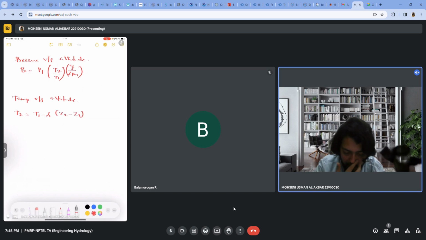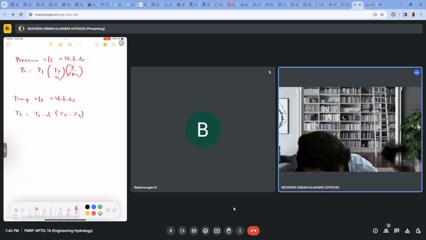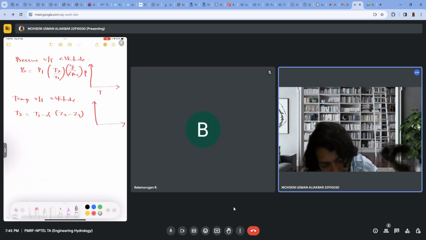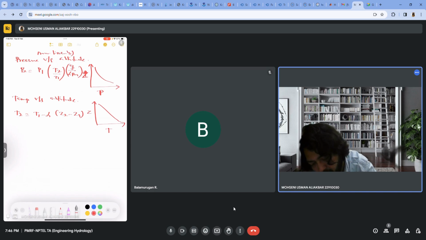Here we need to remember the graph as well. When we talk about this graph, this is altitude Z and this is pressure P, and this is altitude Z and this is temperature T. Here the relation between pressure and altitude is not linear, it is non-linear, whereas the relation between temperature and altitude is linear.